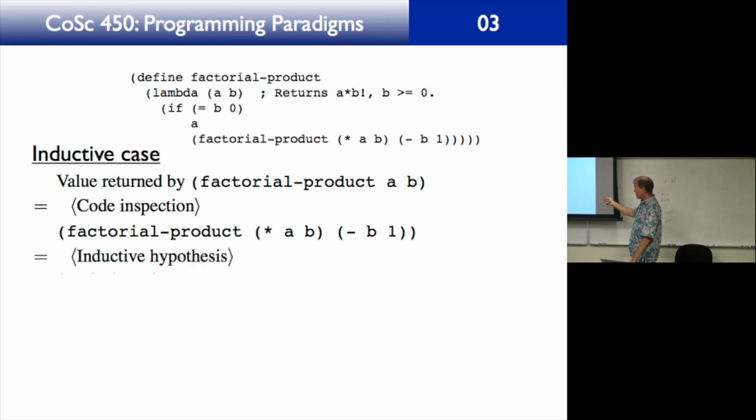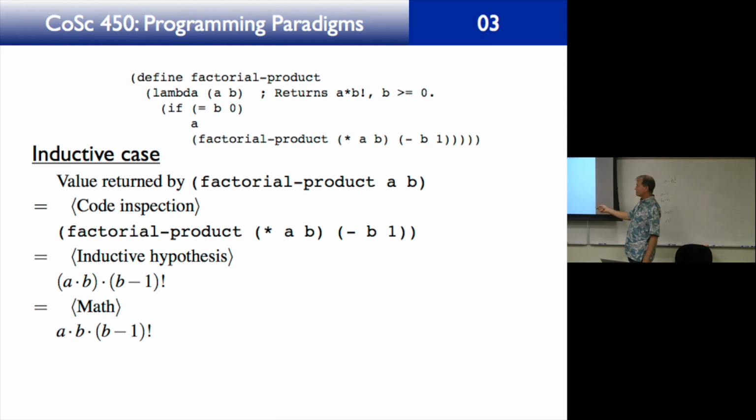Now, what is it equal to by the inductive hypothesis? A times b minus 1 factorial. So A times b minus 1 factorial, that's by the inductive hypothesis, right? But now we do some really trivial math. What's the trivial math? Yeah, good. A times b factorial. Well, it's A times b times b minus 1 factorial. Yeah, what law is that?